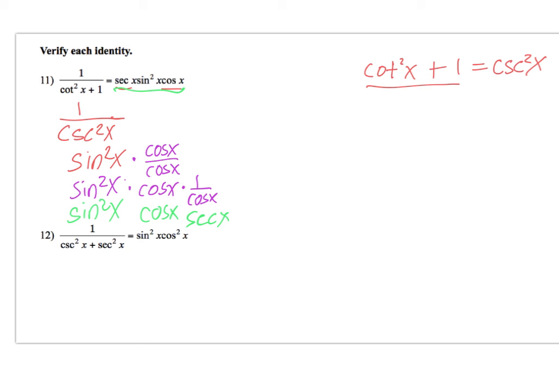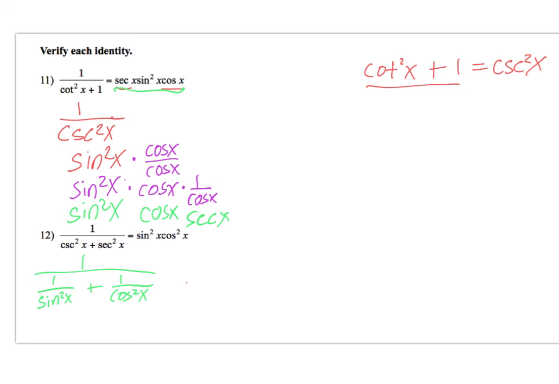For the next one here, we've got what looks to me like the messier stuff on the left side of this. I'm going to rewrite this as 1 over sine squared x plus 1 over cosine squared x. And if you're saying this looks a heck of a lot like the first identity that we did a few minutes ago, you're right.